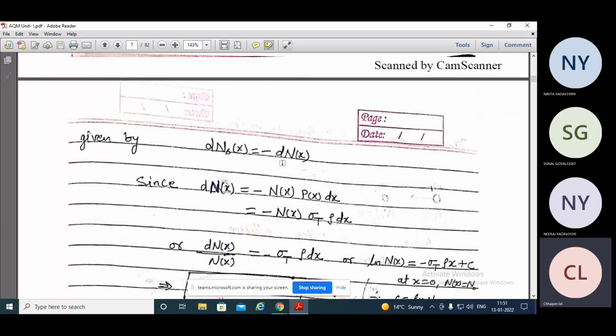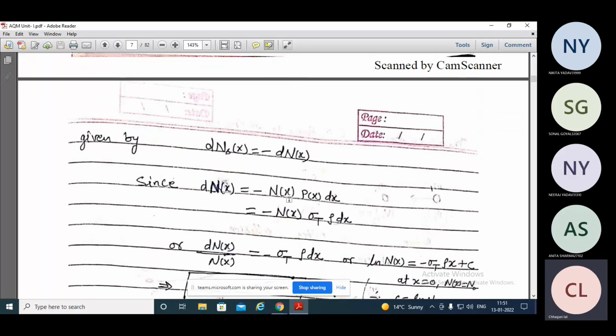That's why we include a minus sign here: minus dnx is the number of scattered particles from the dx segment.